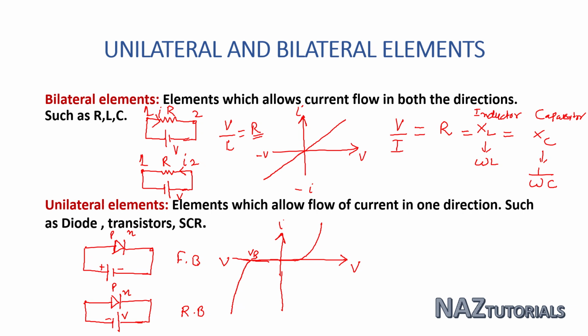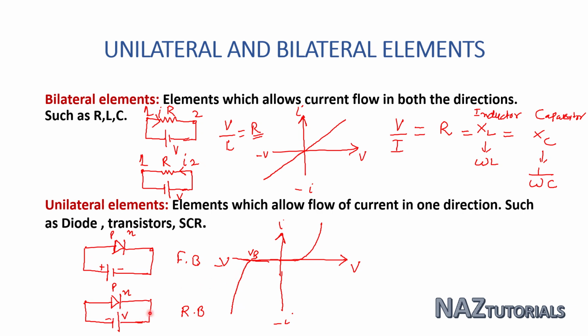So you can say their VI characteristics are not the same for forward bias and reverse bias. A PN junction diode cannot allow the current to flow in both directions. In the reverse bias condition, the PN junction diode can't allow the current to flow.